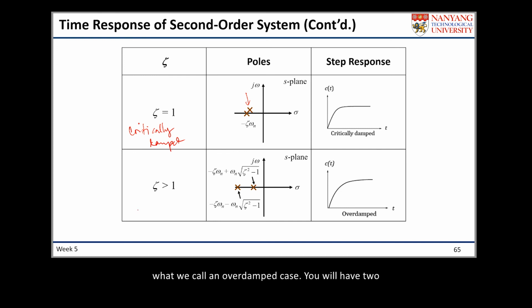This is what we call an overdamped case. You will have two different real poles. Considering a stable system, the two real poles are in the left-hand plane, of course, and the response will not be oscillating as well. But the response will be slower than the critically damped. So this is the summary of step response of different types of second order system.